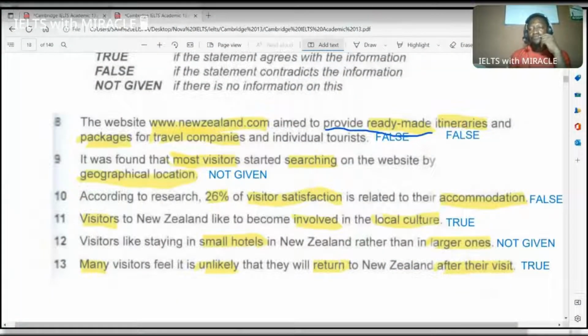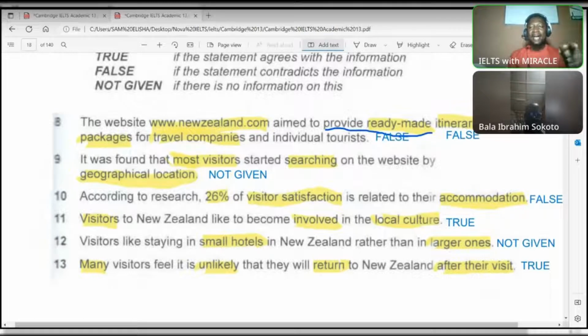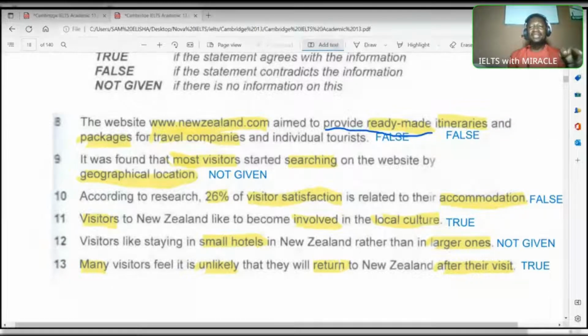Yes, I do. Now, this is not a rule. One crazy thing about IELTS is that you can't really create a rule around it. But because of certain consistencies I have seen, I could say, okay, this is what is likely going to happen. Let me give you an instance. It is unlikely that the answer to number 8 will be found in the second to the last paragraph or the last paragraph.